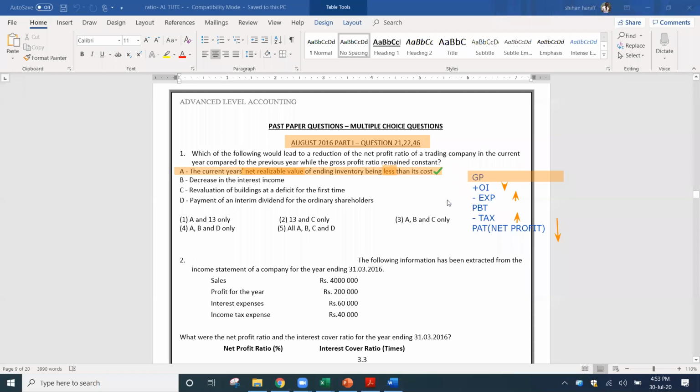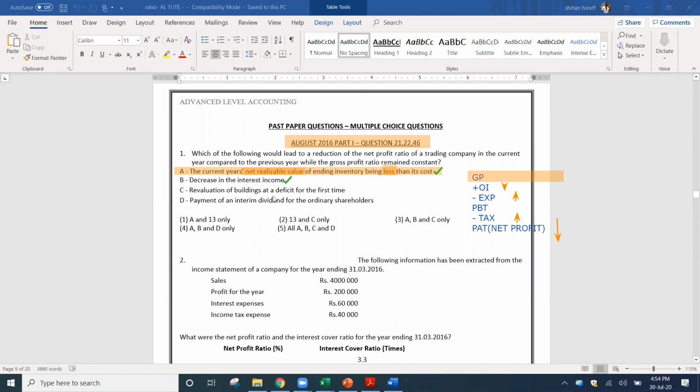Number one is correct. If the NRV is less, net profit will be reduced. Right? It's another expense. Decrease in the interest income. Yeah, that's correct. Interest income is other income, it is becoming less. Then that is also correct.